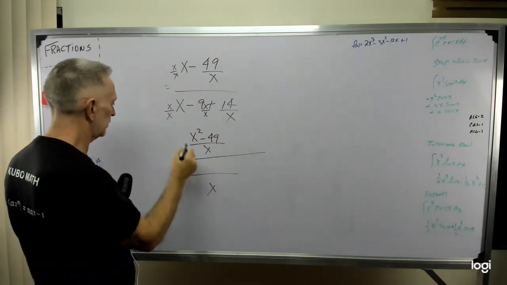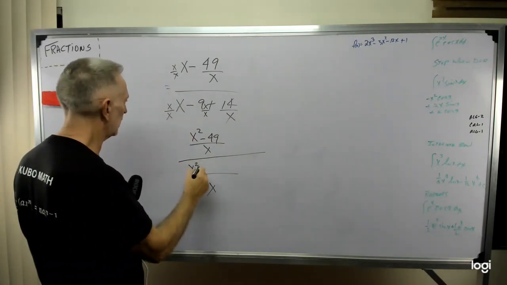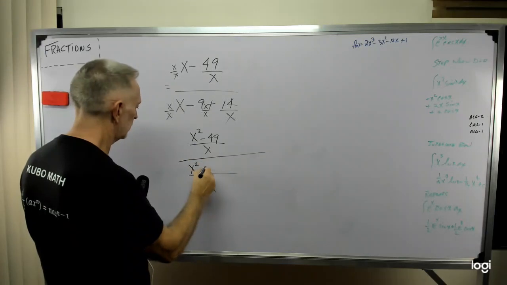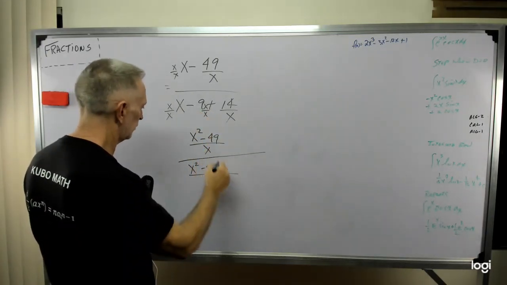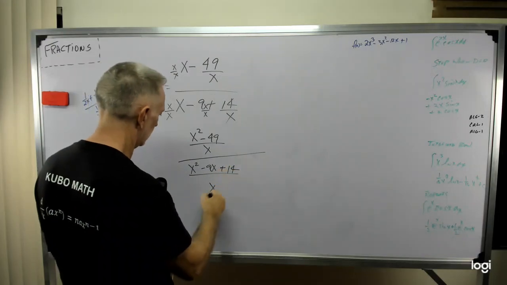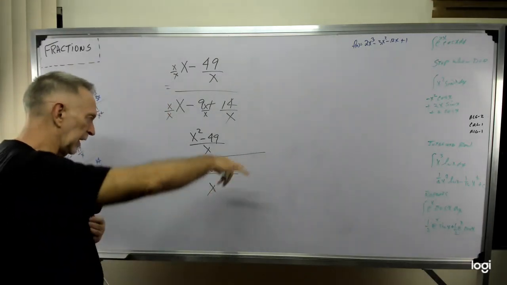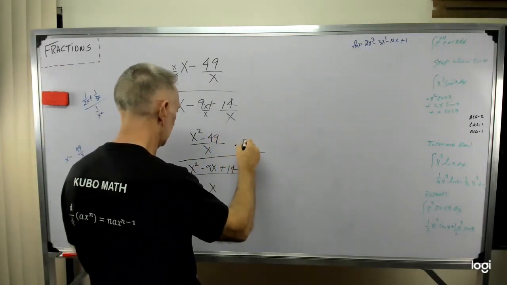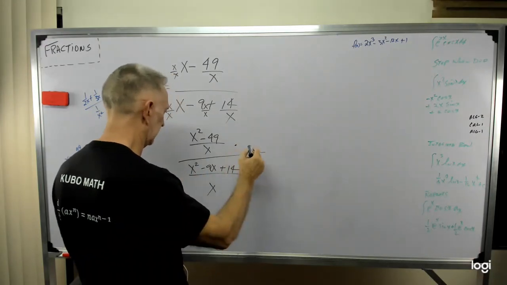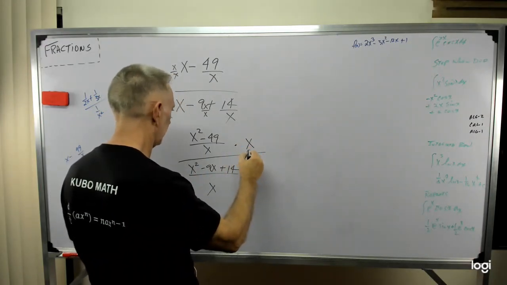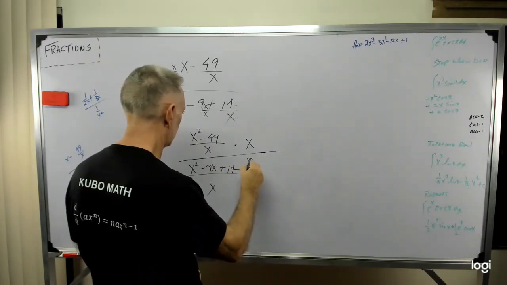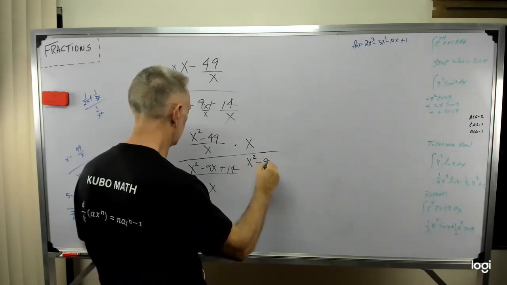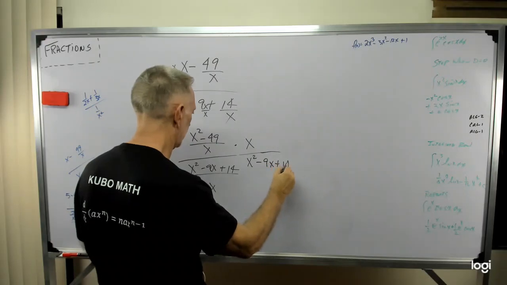So x times x is x to the second power minus 9x over x plus 14 over x. Invert and multiply. I'm just going to flip it up and then erase, but I'll have x divided by x to the second power minus 9x plus 14.